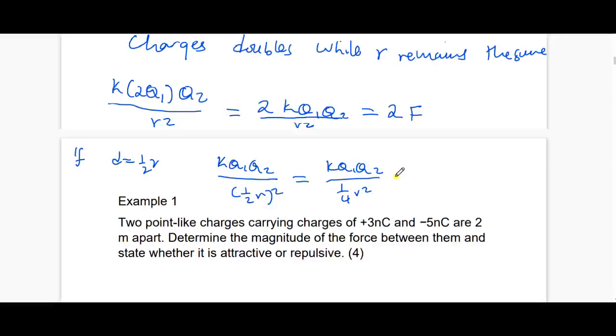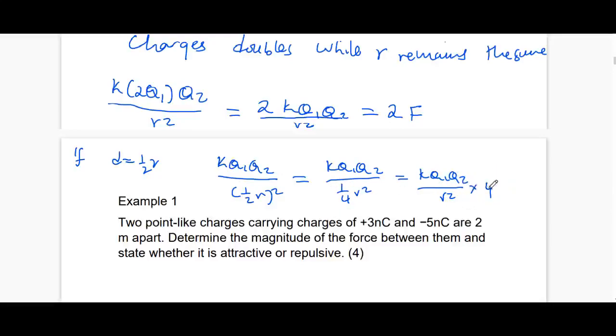Now notice how many divisions I have: 1, 2. If I change this division, I'm going to have k q1 q2 divided by r squared multiplied by 4, because I'm changing division to multiplication.